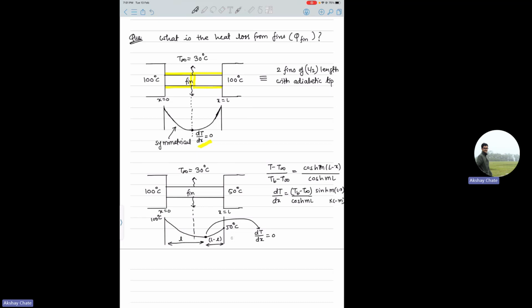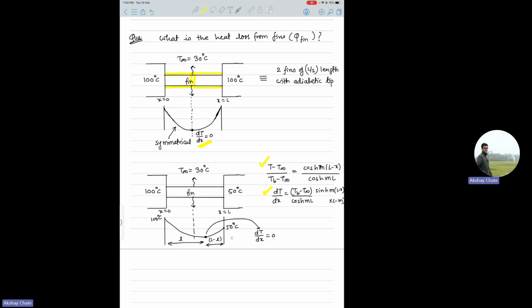So maybe you can use this condition, make this 0. Yeah, basically you have one equation for temperature and one equation for temperature gradient, right?